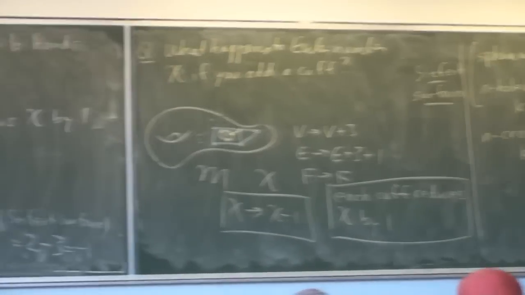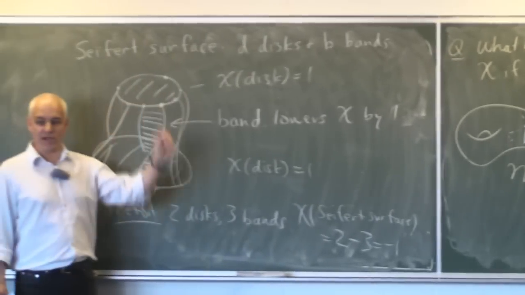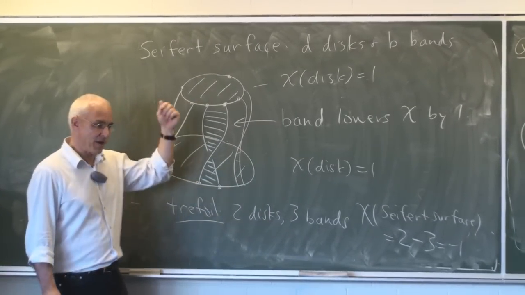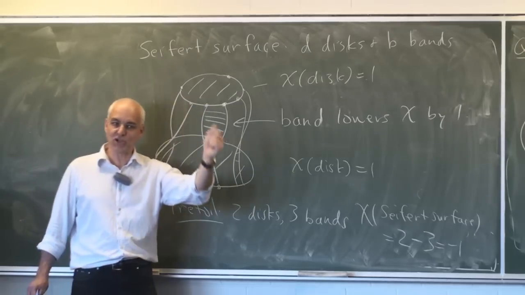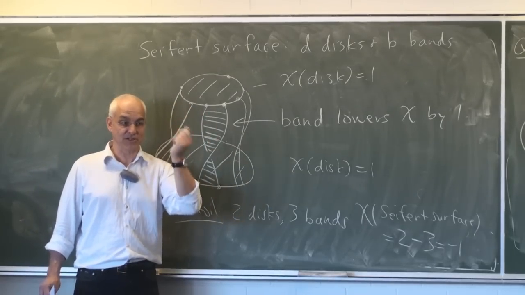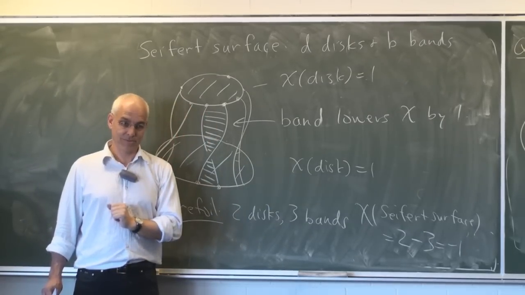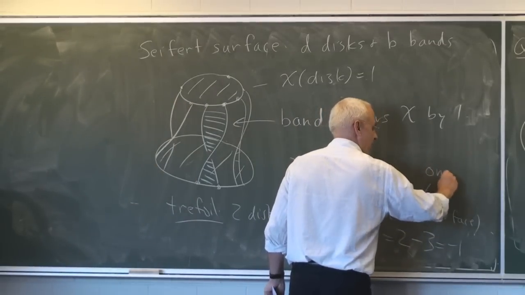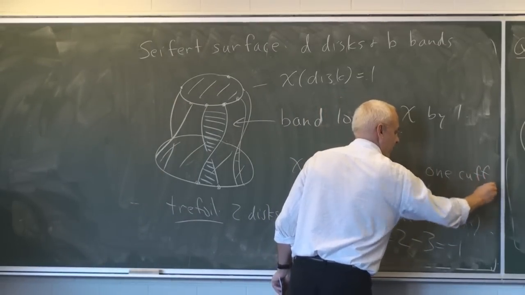It only has 1 cuff because the boundary is the single knot. The boundary of this surface is the original knot that we started with, and that's just a circle. So this Seifert surface has only 1 cuff.